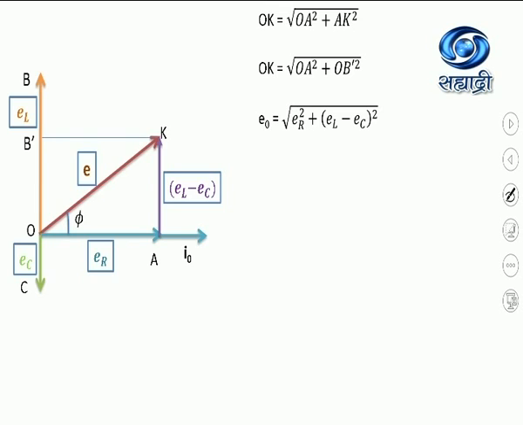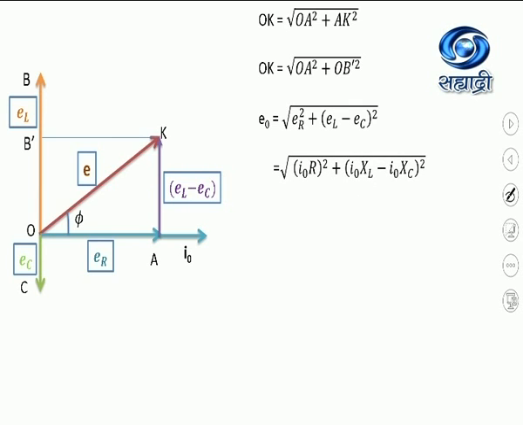What does OK represent? It represents the peak value of the EMF. So it is E naught. OA will represent EMF across the resistor. So OA square will be ER square, and OB dash represents EL minus EC. So that's why plus (EL minus EC) whole square.